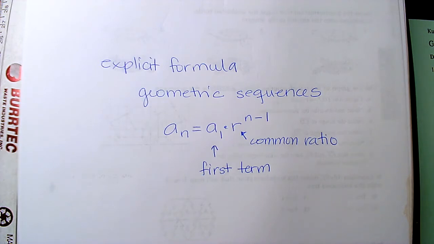Because you're doing geometric, meaning you're multiplying from term to term, we're now dealing with exponents. So your n minus 1 is an exponent to that common ratio. It's not a multiplication like arithmetic. Okay? So you're going to see it days and days, right? I repeat it.